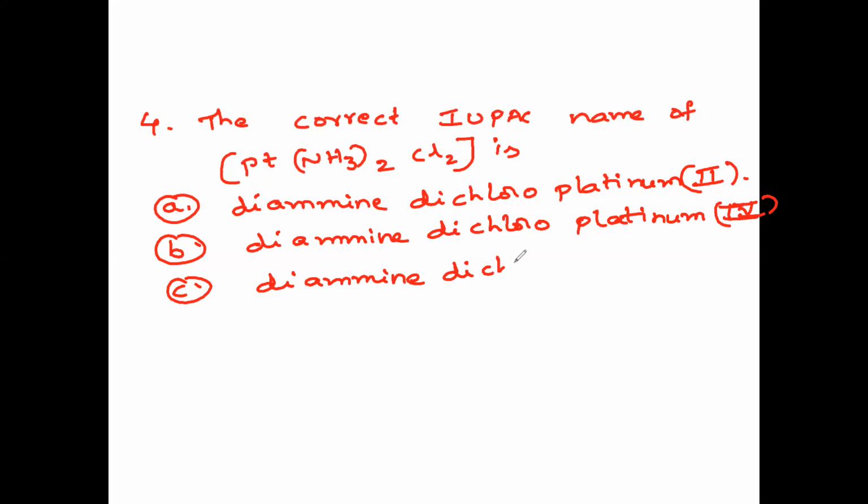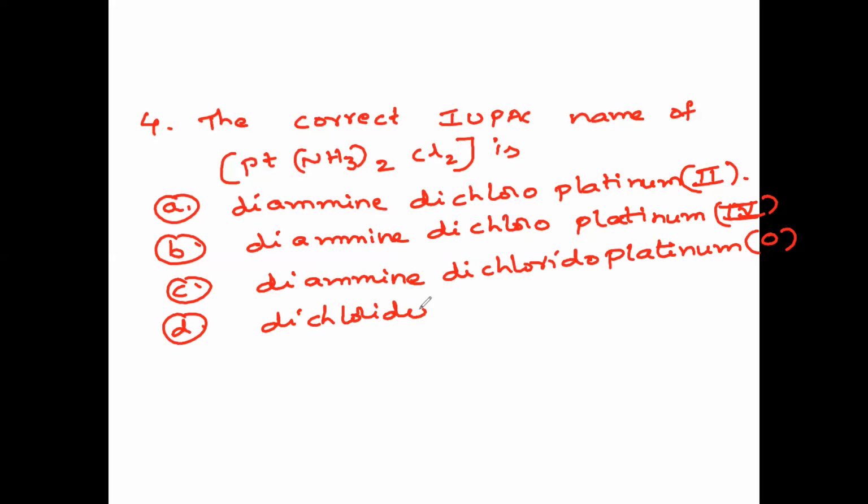Dichlorido, chloro or chlorido both are the same, platinum(0). Next, the fourth option: diamminedichloridoplatinum(IV).